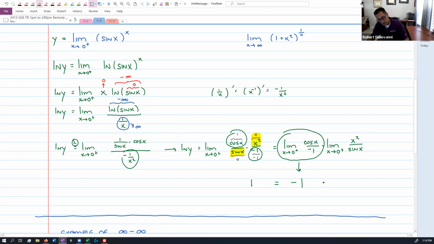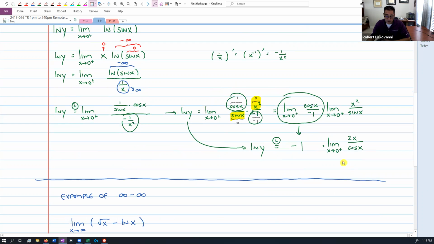Don't forget, on the left side we still have the natural log of y, which was equal to, by L'Hopital's rule, the limit as x goes to 0. Take the derivative of the top, which is 2x, and the derivative of the bottom, which is cosine x. And now let x go to 0.